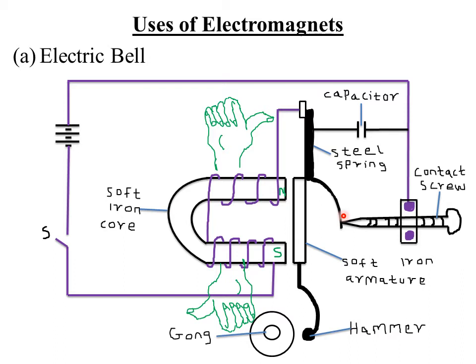So the frequency at which the make and break takes place is controlled by the contact screw. That is, if we want more make and breaking of the circuit, we make the contact screw tighter. We close the contact screw such that this part is much closer to the steel spring.